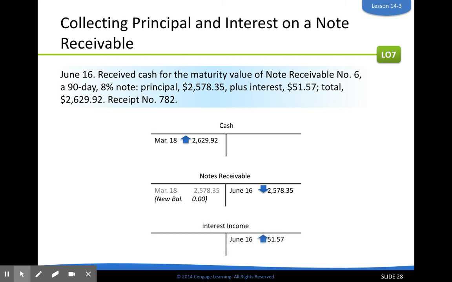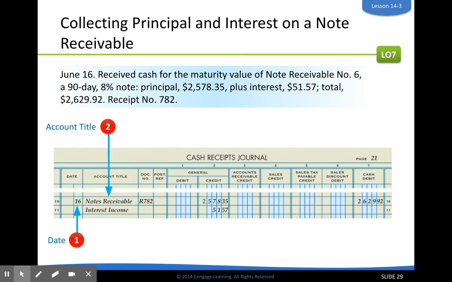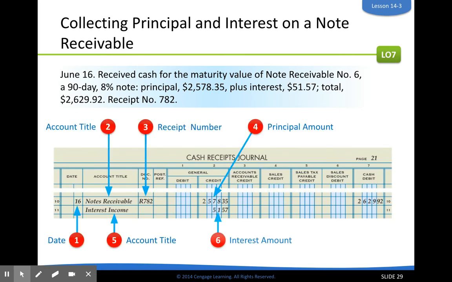Just like we only credit sales, we're only going to credit our interest income when we receive that money, $51.57. Principal plus interest gives us the total cash we're receiving, and it will look like this in our cash receipts journal.